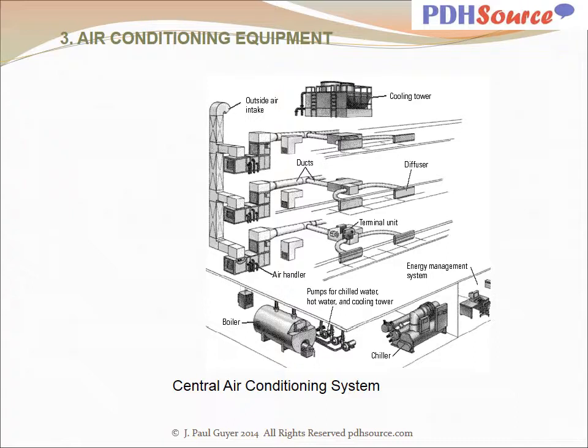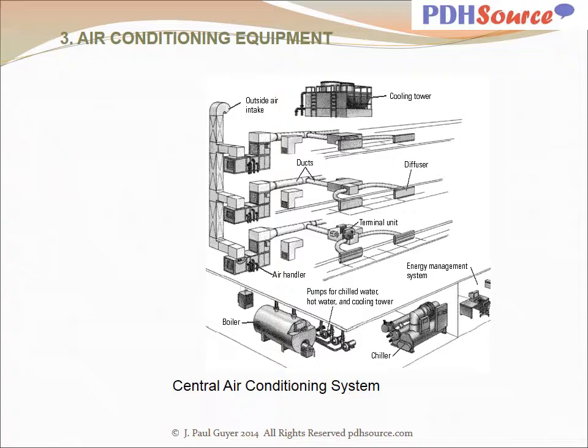Then the fan pressure pushes the slightly warmer air out of the occupied space, either into the return air plenum or to a return duct system, and it is returned to the air handler, where a portion of it is exhausted to the outside.